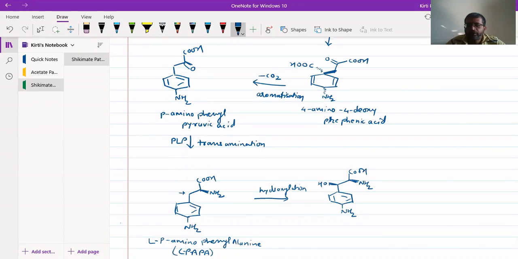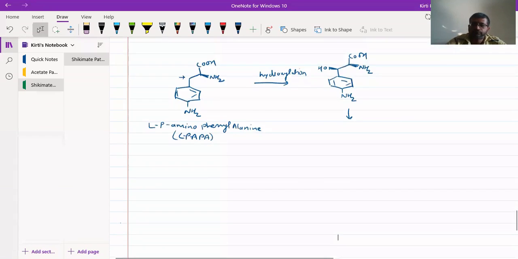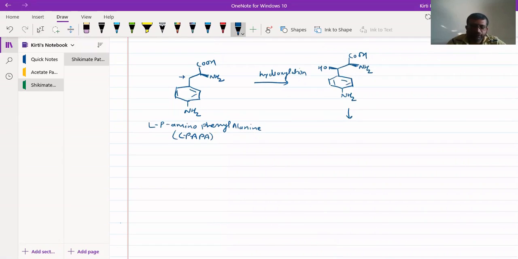This undergoes further N-acylation reaction with CHCl2COS-CoA, that is coenzyme A, dichloroacetyl-CoA.